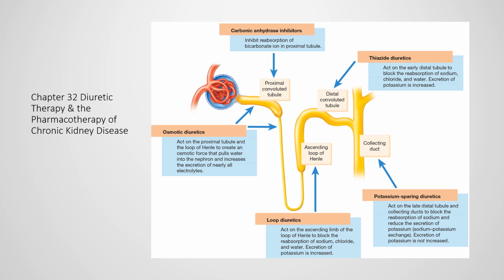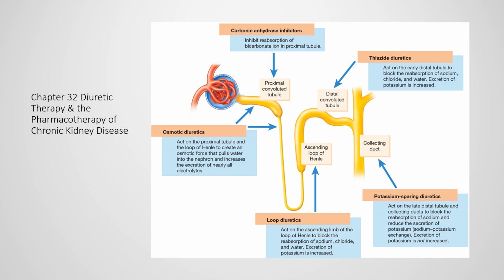And then we have the loop of Henle, and so there's a group of drugs called loop diuretics, right? And the prototype for that would be furosemide, which is Lasix. There's another one in that group called bumetanide. Just remember the ending.